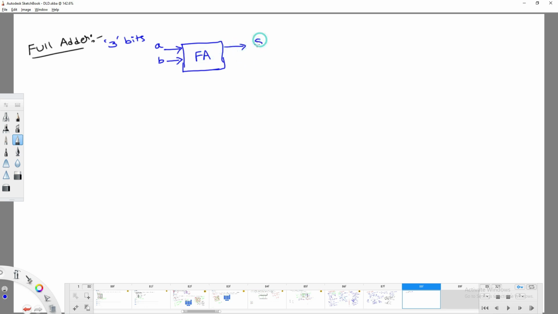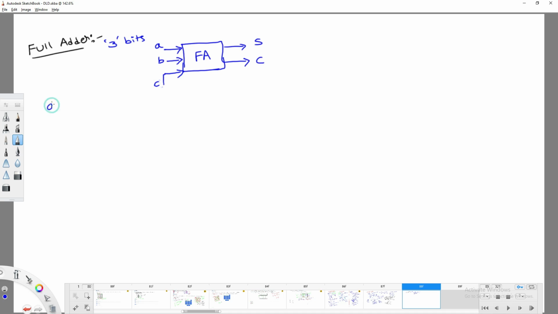It needs to generate sum and carry, and along with these two inputs you are going to have one more input, some extra input. So how many inputs are we passing here? 3 inputs. Instead of other terminology, I can say C only. Okay, A, B, C are the inputs, right?